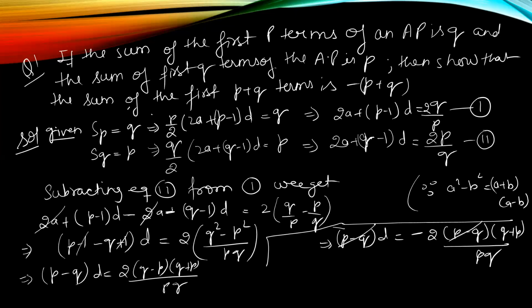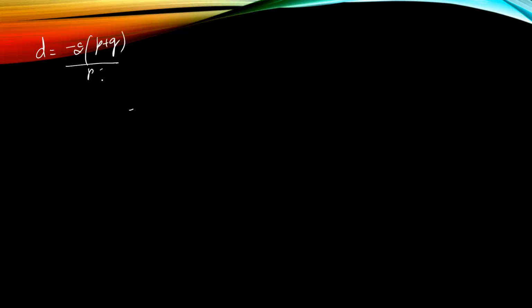So we can easily cancel p minus q, and the required value of d will be minus of 2 p plus q over pq. So keep it aside, right? Shifting to the next page. What was the value of d? We are getting minus of 2 p plus q over pq, the value of d, right?